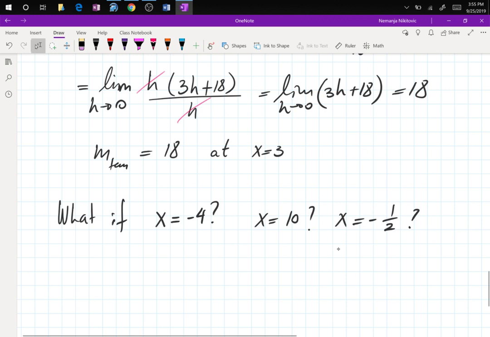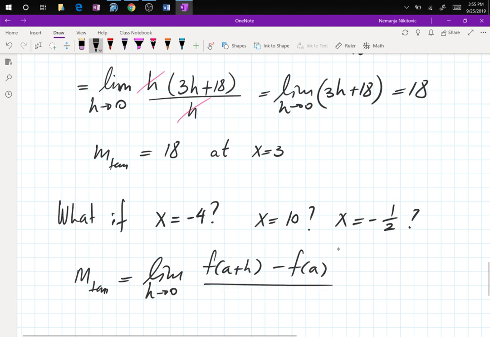We take a look at the formula we have to calculate the slope of the tangent line: the limit as h goes to 0 of f of a plus h minus f of a, divided by h.